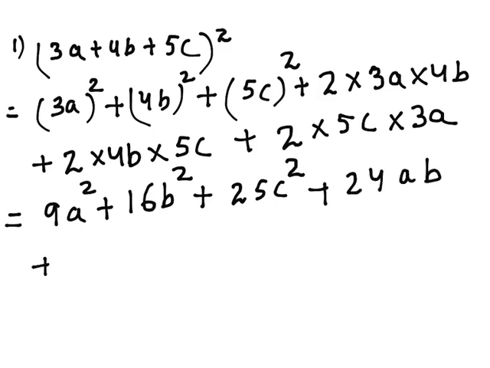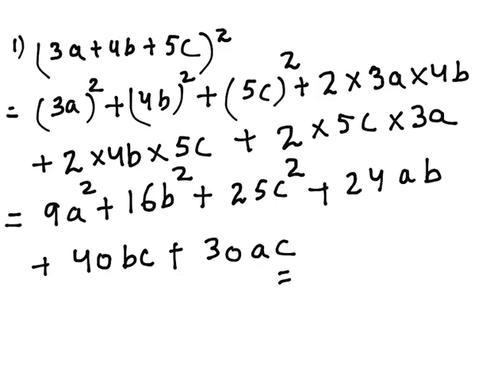Next we have 4 times 2 is 8 times 5 is 40bc, plus twice of 5 is 10, 10 times 3 is 30ac. So this is the expanded form of (3a + 4b + 5c) whole square.